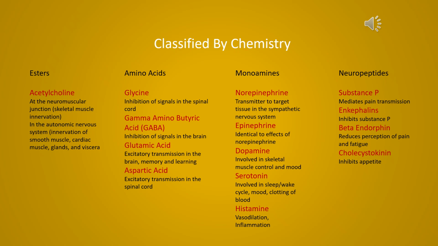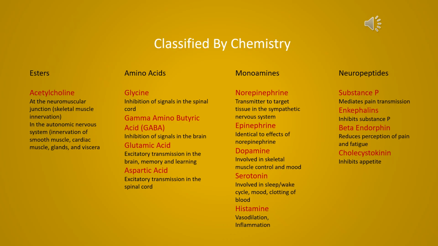Cholecystokinin is made in the small intestine. Its primary function is to stimulate the gallbladder to release bile. Well, that's not what we're talking about here. We're talking about the neurotransmitter effect of cholecystokinin, which binds to cells in the arcuate nucleus of the hypothalamus, and it inhibits the appetite.